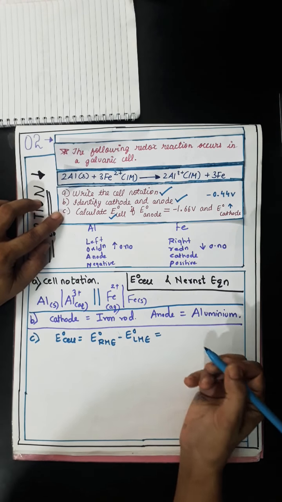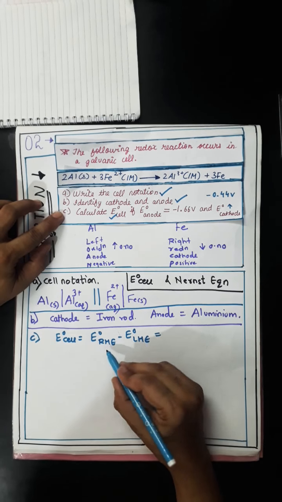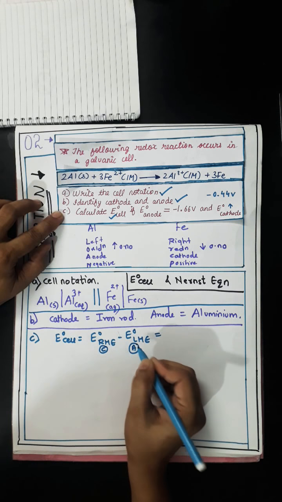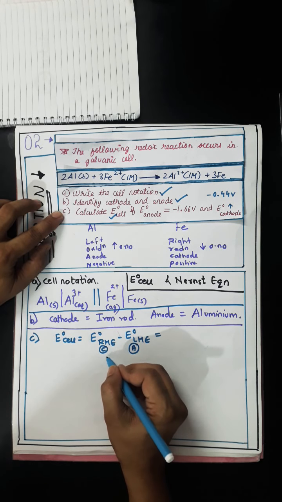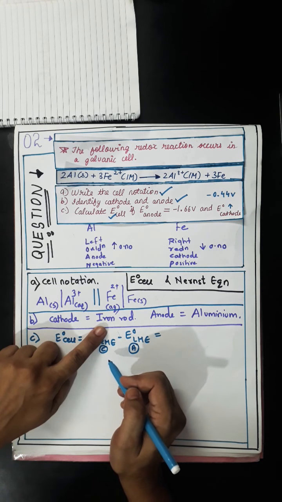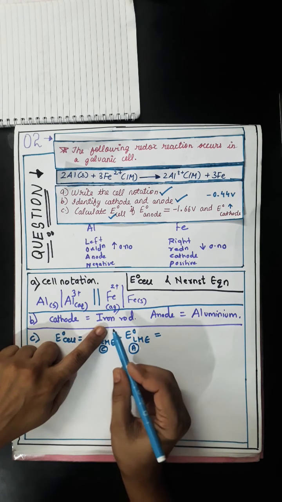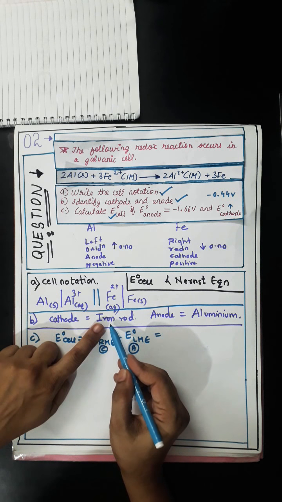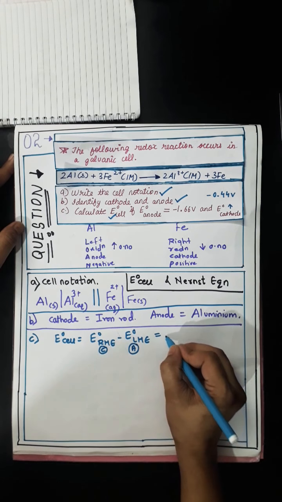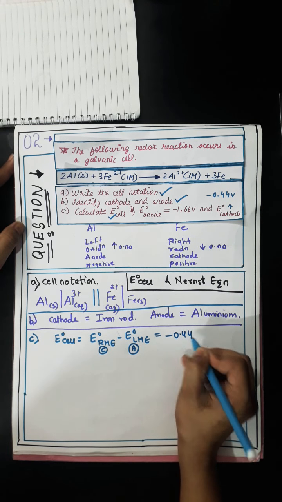RHE is the right hand side electrode, it means the cathode, and LHE is the anode. The cathode over here is our iron rod, and its potential is given as minus 0.44.